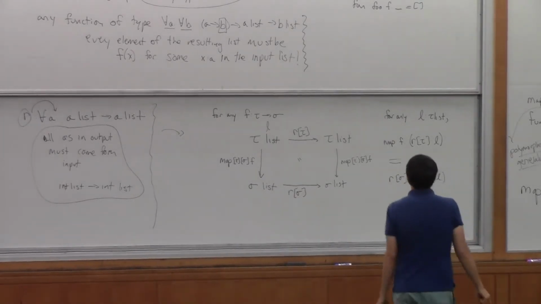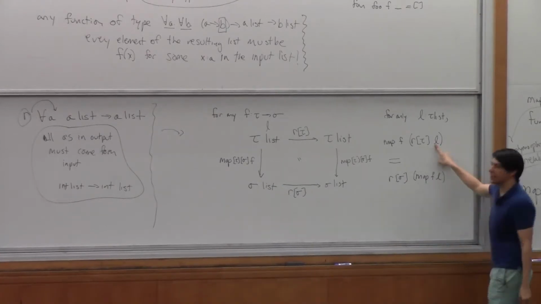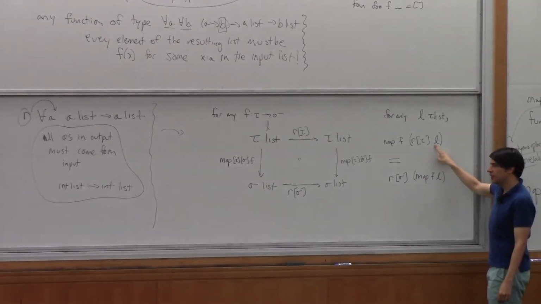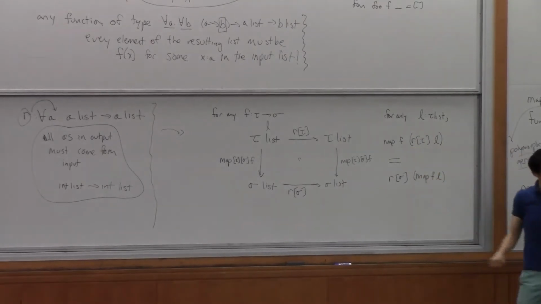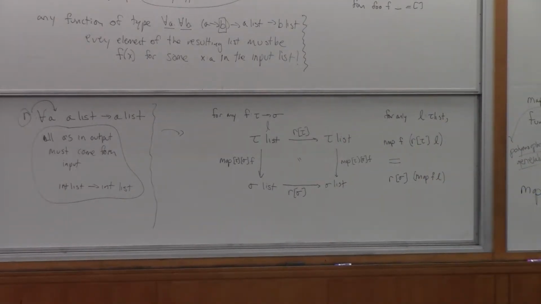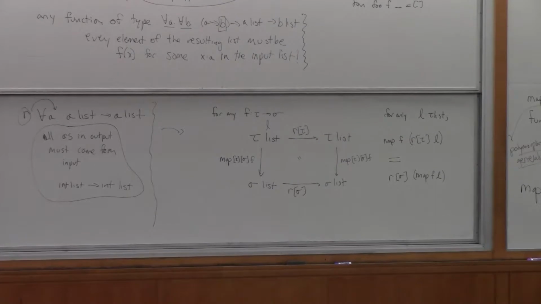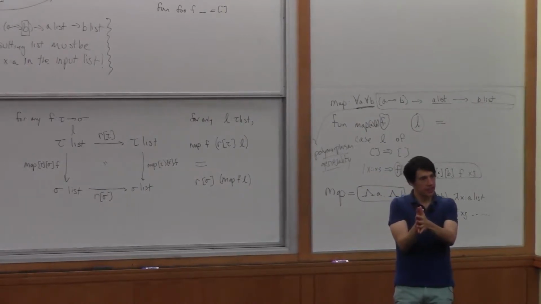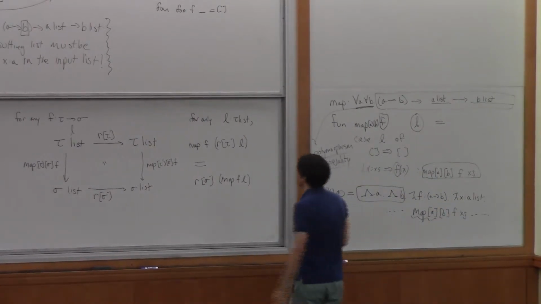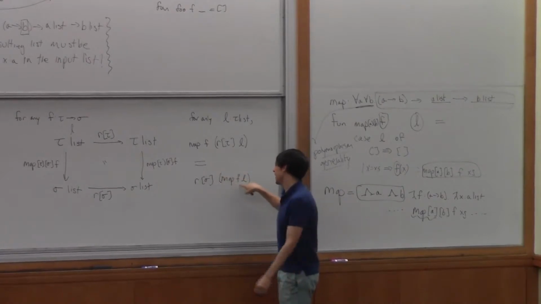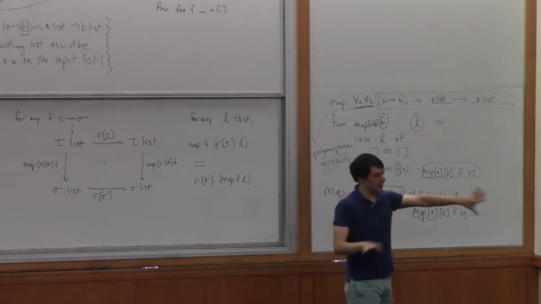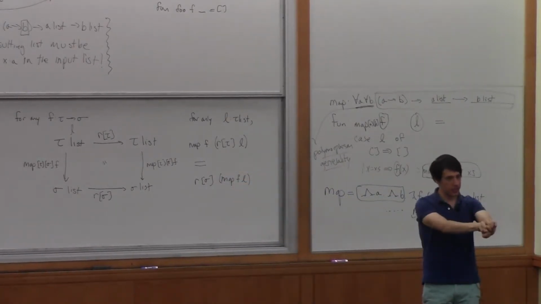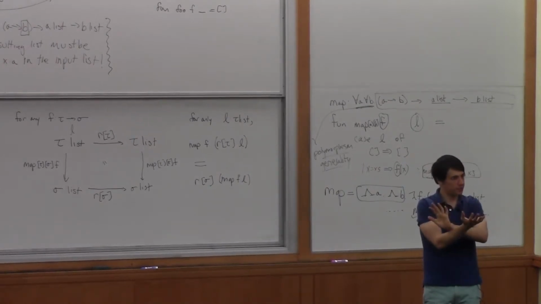If I rearrange my tau list and then transform every int in the tau list into a string, or do some map that hits each element of the list after rearranging with a function, then what I get is the same thing as if I had first hit everything in the input list with the function, transformed it, and only then rearranged them.